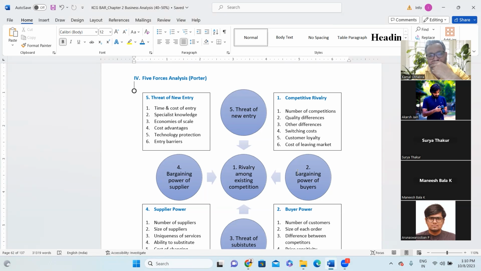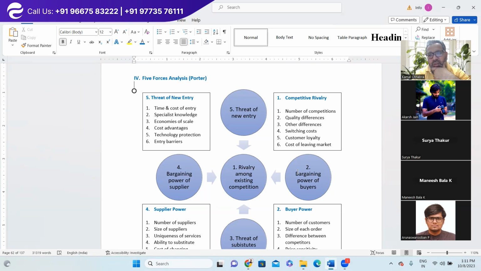All those things come under customer loyalty. And then the cost of leaving the market: for any reason, if you have to shut down your particular segment or your business, what will be the cost to you? All those things come under the competition, which you need to understand.